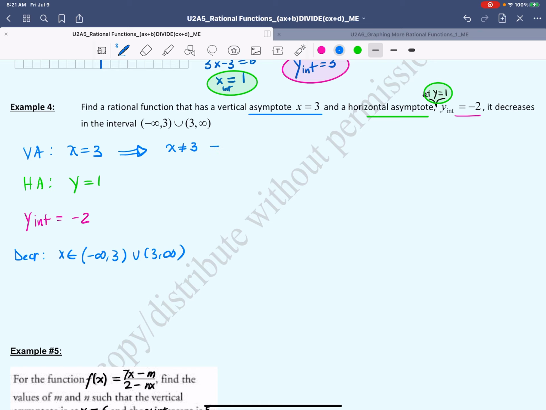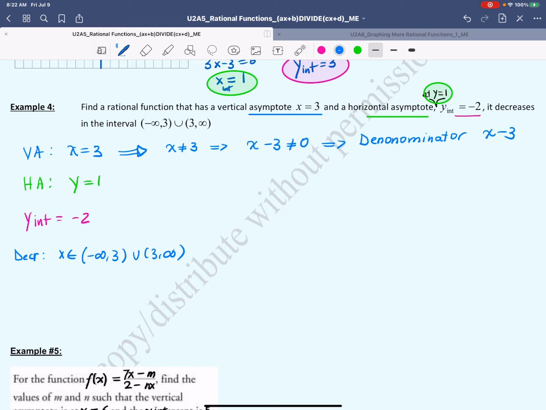Remember that restrictions are found by making the denominator 0. So by bringing 3 to the other side, we must have made x minus 3 different than 0. And that tells me again that x minus 3 must have been the denominator. So this rational function has a denominator of x minus 3.